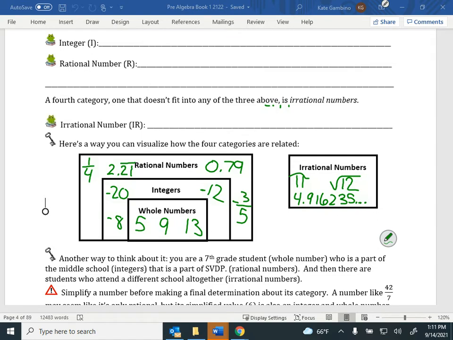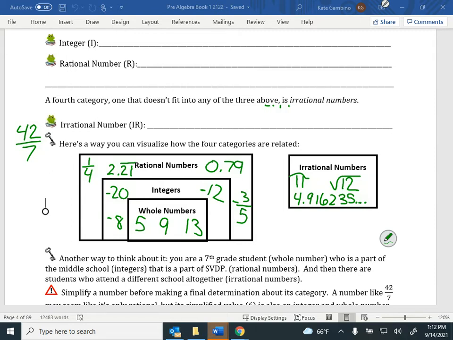So look at where this little exclamation point is. It says simplify a number before making a final determination about its category. A number like 42/7. That may seem like it is only rational because it's a fraction, but can we simplify that fraction?